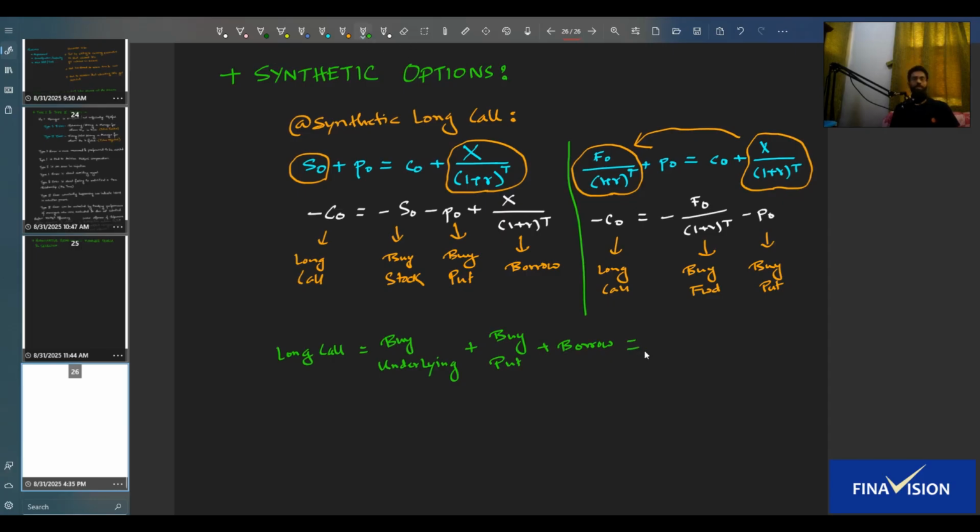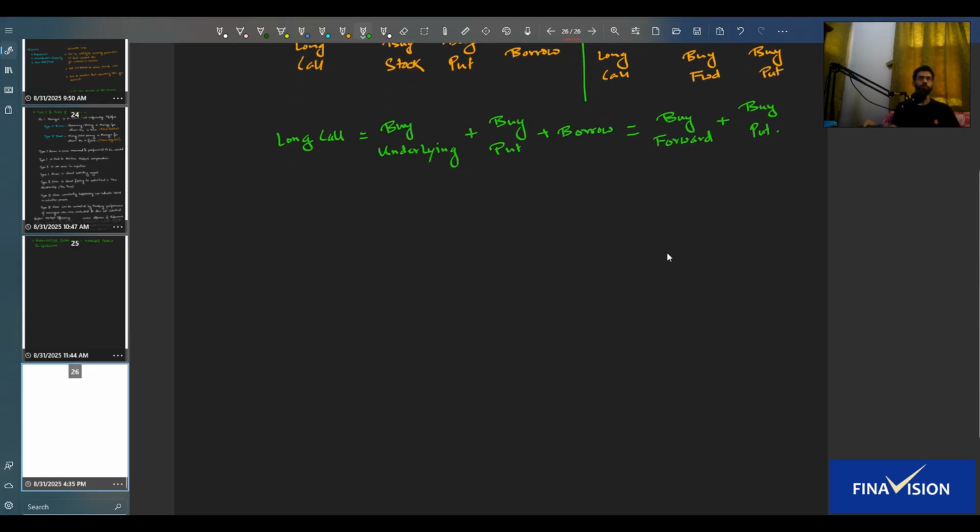Alternatively, it can also be synthesized with respect to a forward contract where you buy the forward contract or long the forward contract and you buy the put or go long the put, right? This is the way the synthetic long call is created, and we can also derive all the other synthetic option positions. So let's look at the synthetic short call now.